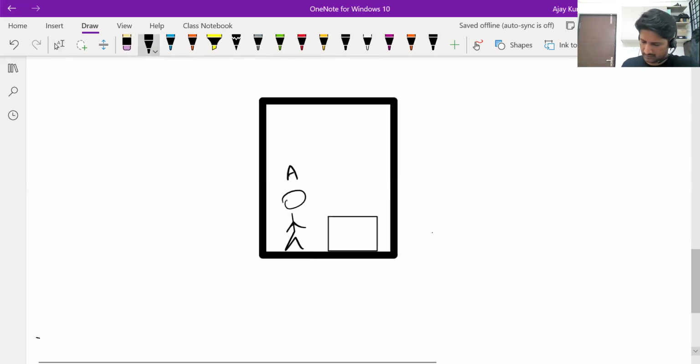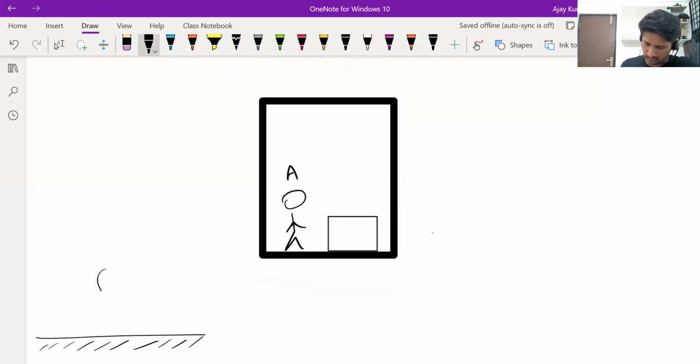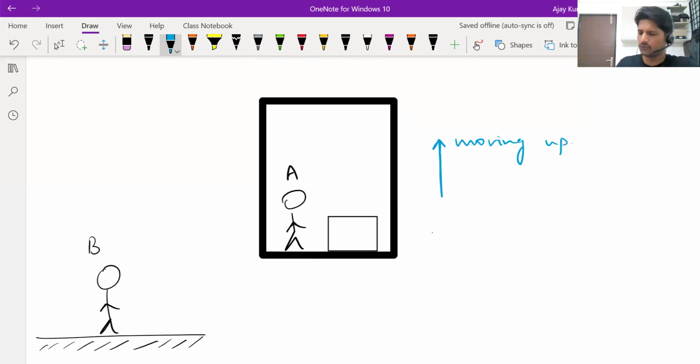And let's say there's another person on the ground, B. Assume the elevator is moving up. If it is moving up, the box is also moving up along with it.